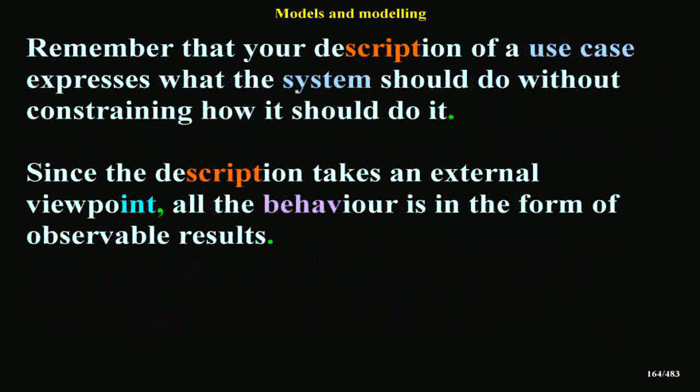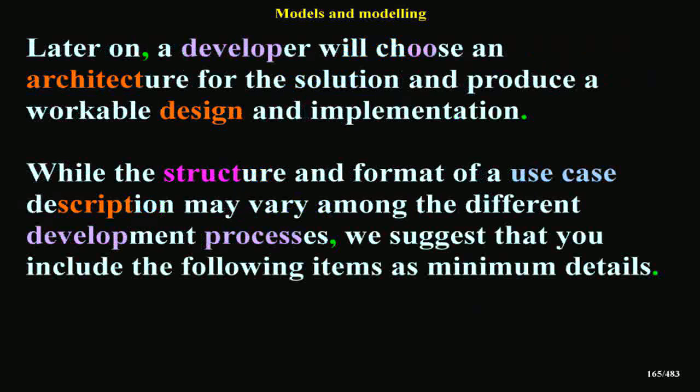Remember that your description of a use case expresses what the system should do without constraining how it should do it. Since the description takes an external viewpoint, all the behavior is in the form of observable results. Later on, a developer will choose an architecture for the solution and produce a workable design and implementation.